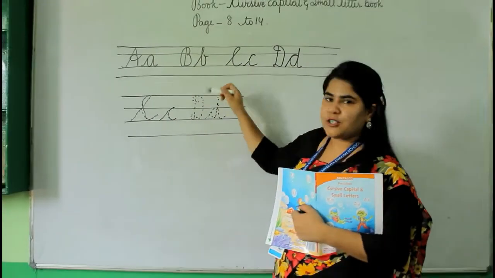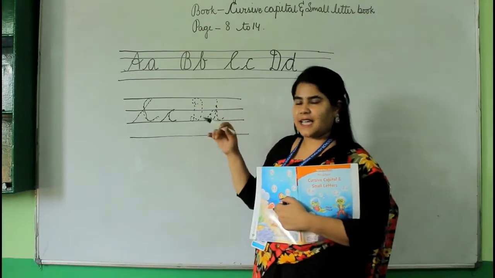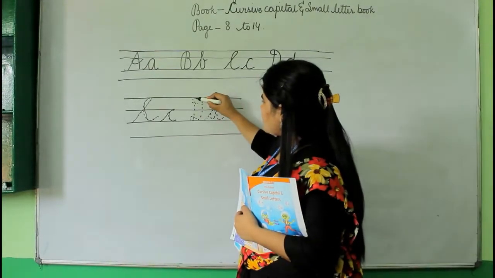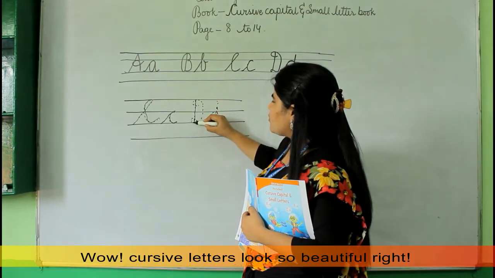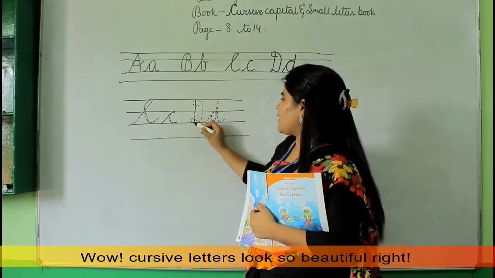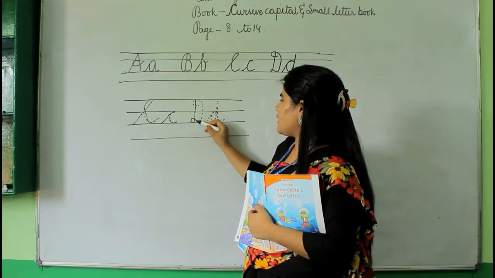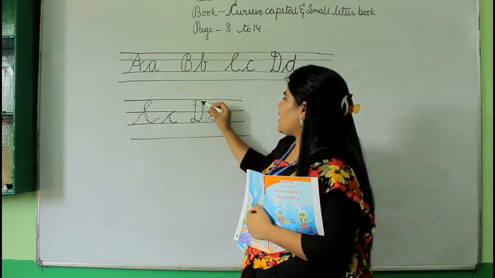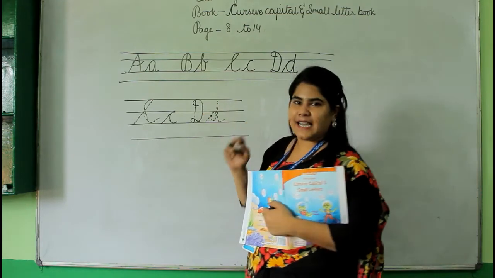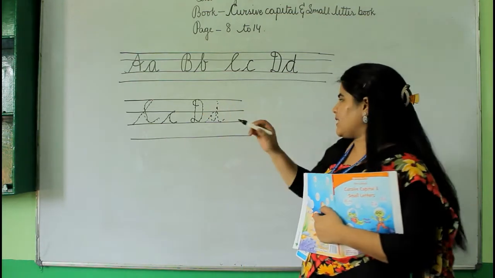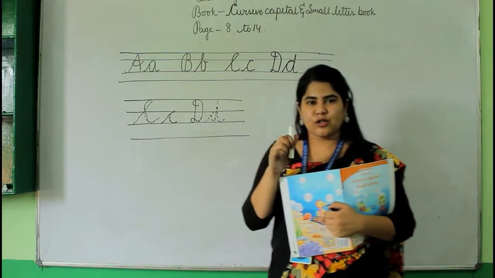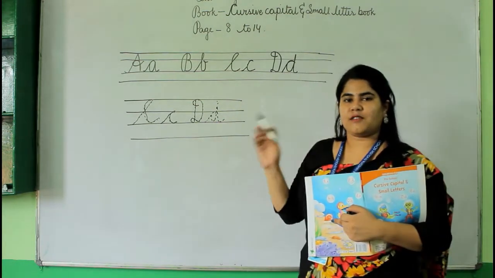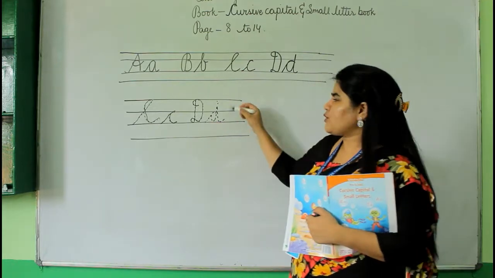Now let's do D. For this we again use the first, second and third lines. We start from the first line and move to the last one. There we make a small circle, then move up to the first line and make a small tail. As I told you, for some small letters we also use 3 lines.